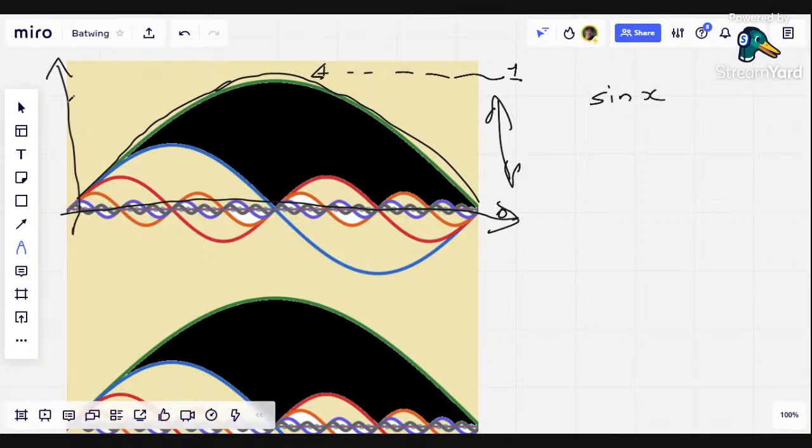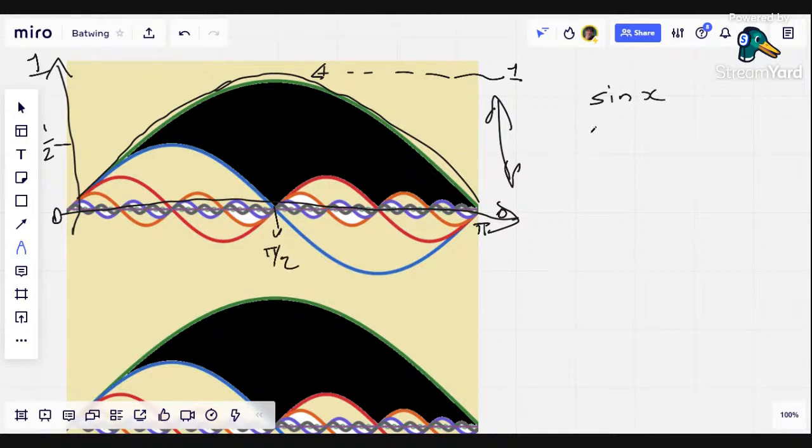So 0 to 1 in the vertical, and in the horizontal it goes from 0 to pi. Then this next one is half that size, so it's going to go to 1/2, and this space right here is going to be pi by 2, and then it continues.